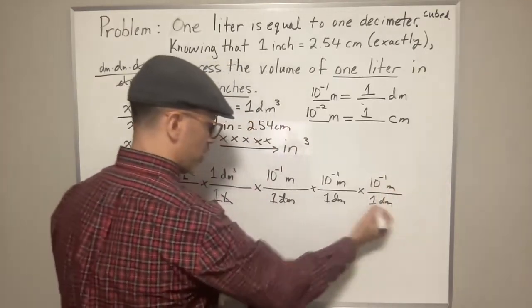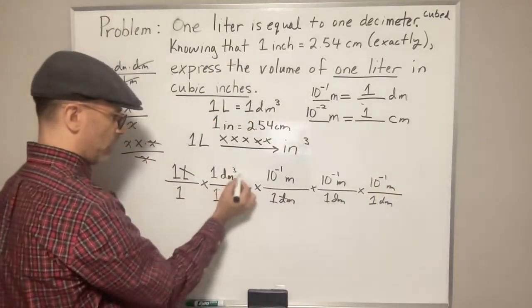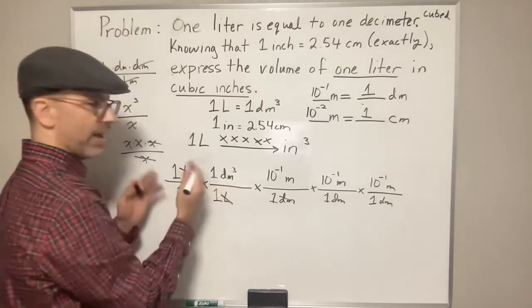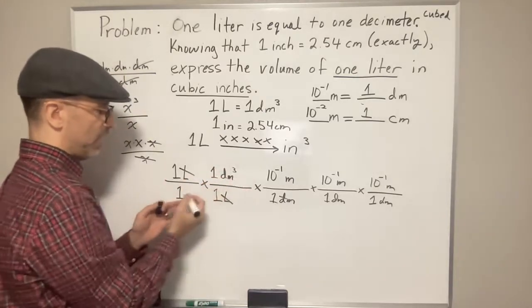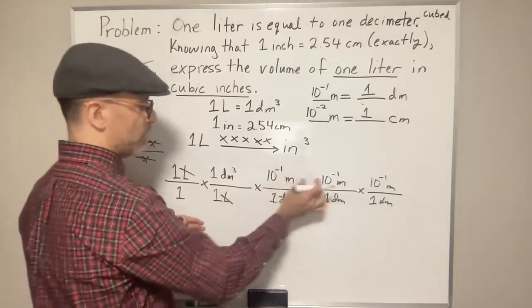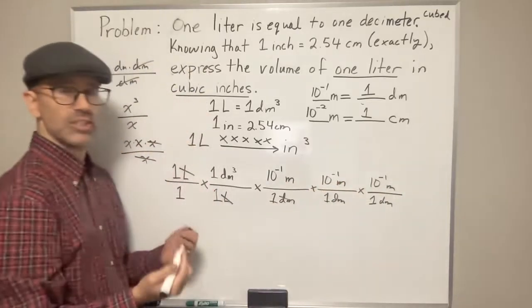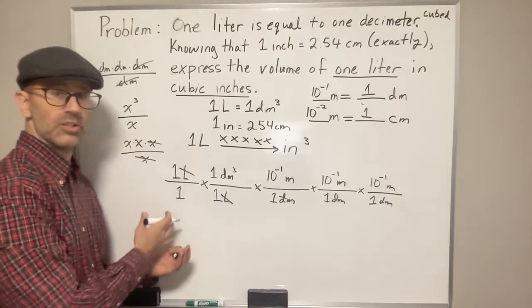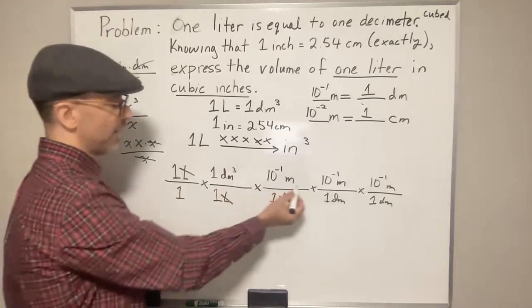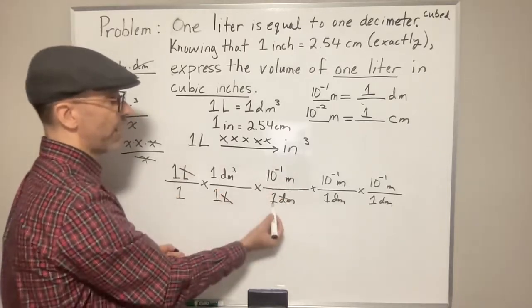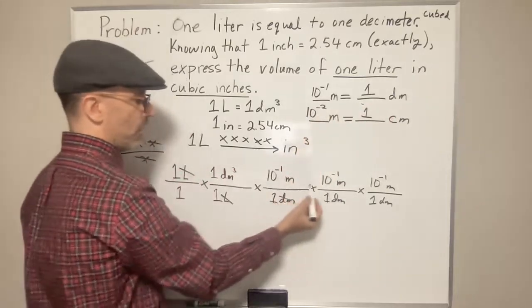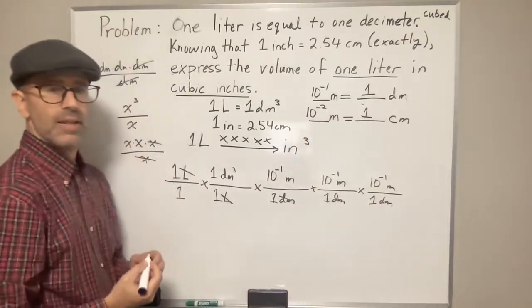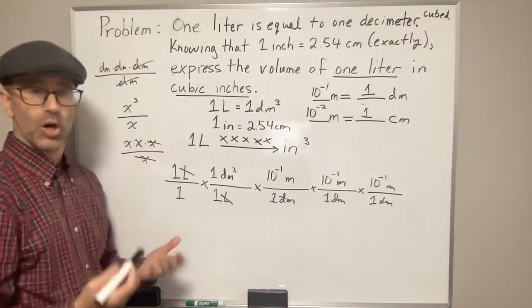Then these 3 would cancel out with all of these 3 here, and the units would be canceled out. I'd have meters times meters times meters, which is the same thing as meters cubed. So I could go from decimeters cubed to meters cubed by multiplying the conversion factor 3 times. That'll take a lot of space, but it would work.